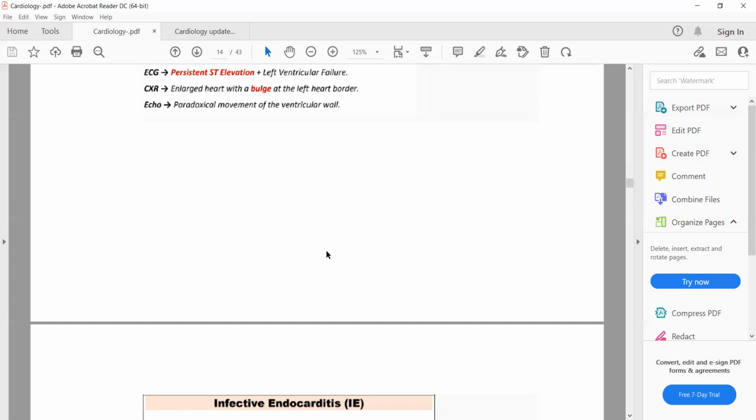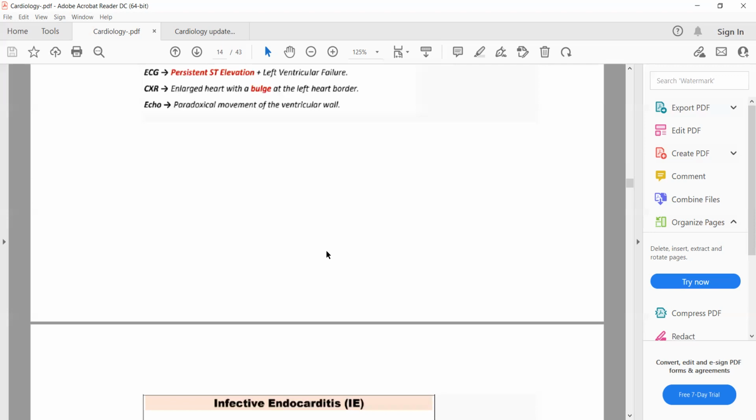Sorry. Whenever there is thrombus formation in the left ventricle, remember that the blood that is present in the left ventricle is pumped into the aorta. So it can travel through the branches of the aorta, such as the internal carotid artery. It can travel to the brain through the internal carotid arteries, and through the descending thoracic aorta, it can travel to the gut or the blood vessels of the enteric tract, and it can travel to the blood vessels of the lower limb.